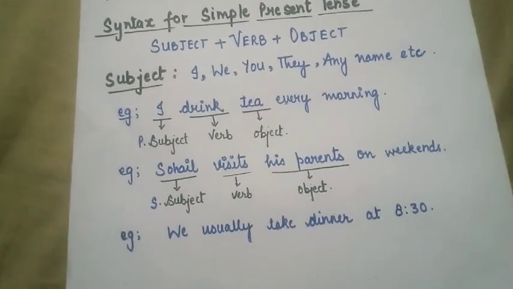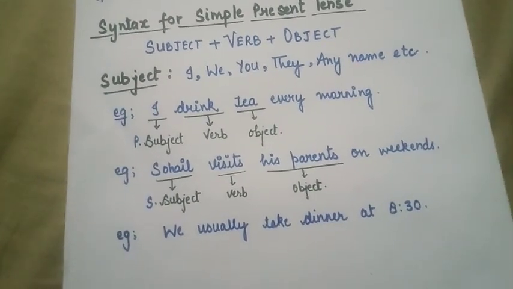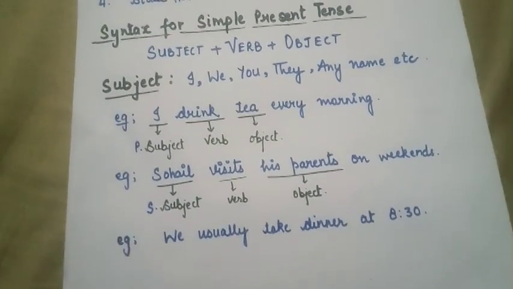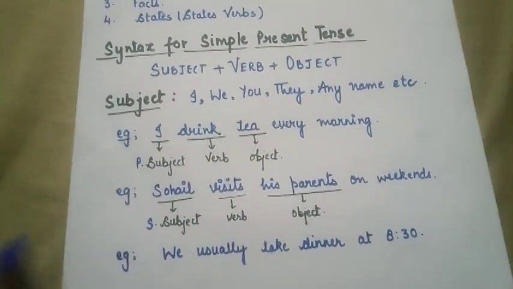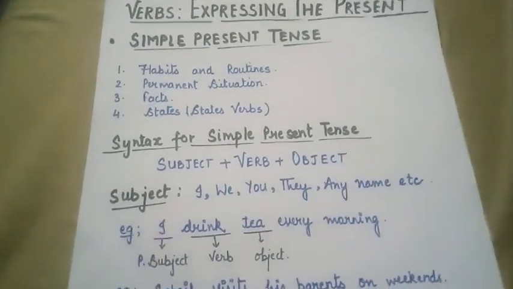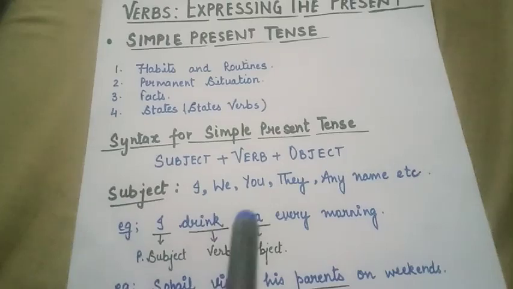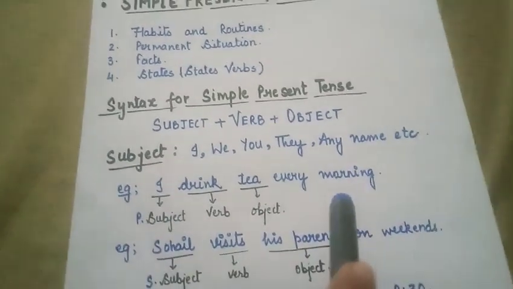This example shows the first use of simple present tense, that is habits and routines. At first I have mentioned habits and routines. So this example, I drink tea every morning, shows us our routine.